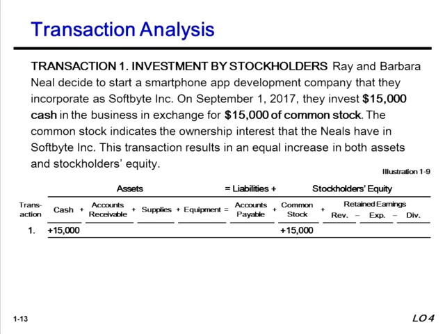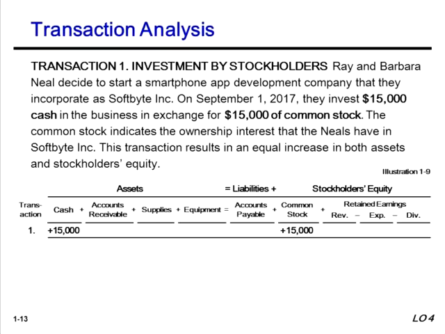Alright, so for the first transaction, Ray and Barbara Neal decide to start a smartphone app development company that they incorporate as SoftBite Inc. On September 1st, 2017, they invest $15,000 cash in the business in exchange for $15,000 of common stock.